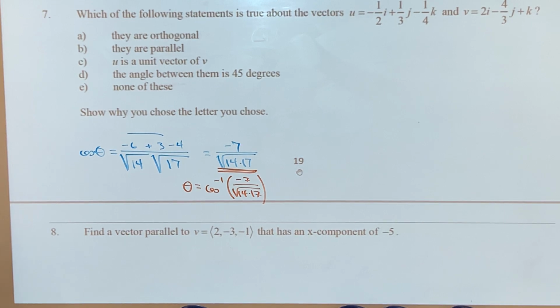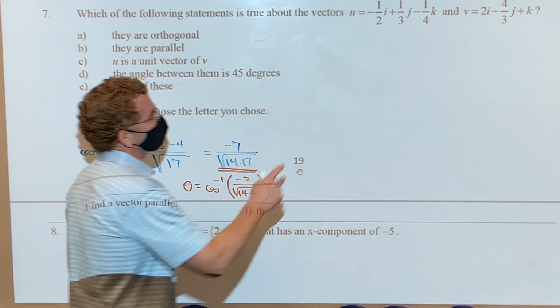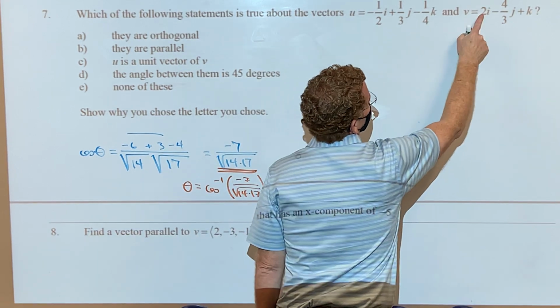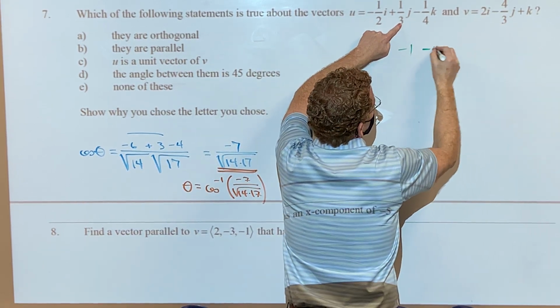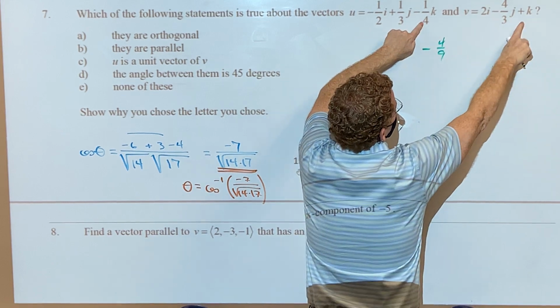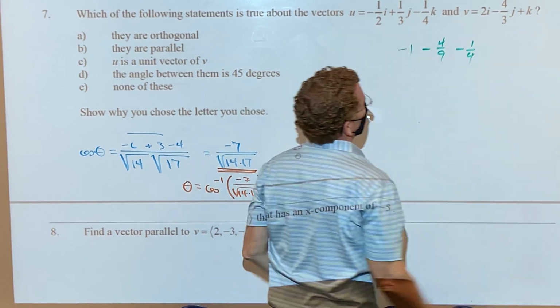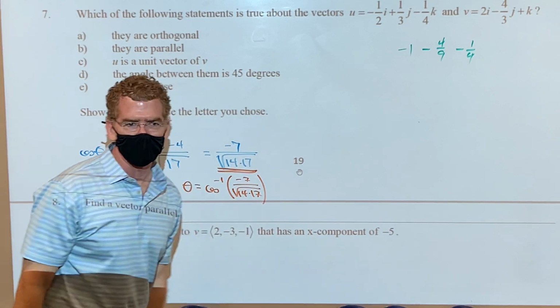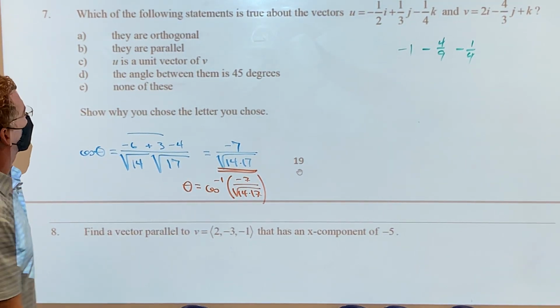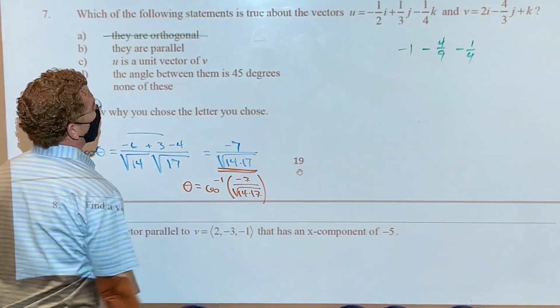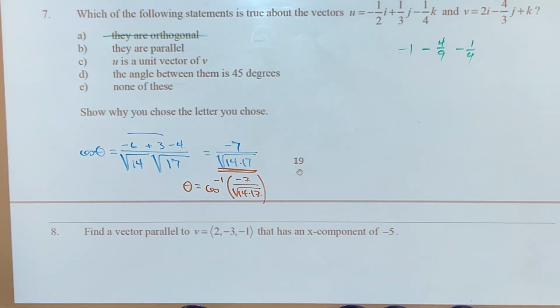See if their dot products are 0. Okay, so when I check the dot product, I get -1, -4/9, -1/4. Well, there's no way that's 0. They're all negative, right? So right there, I'm like, no way that this is orthogonal. No, sir. They're parallel. How could I check parallelism?